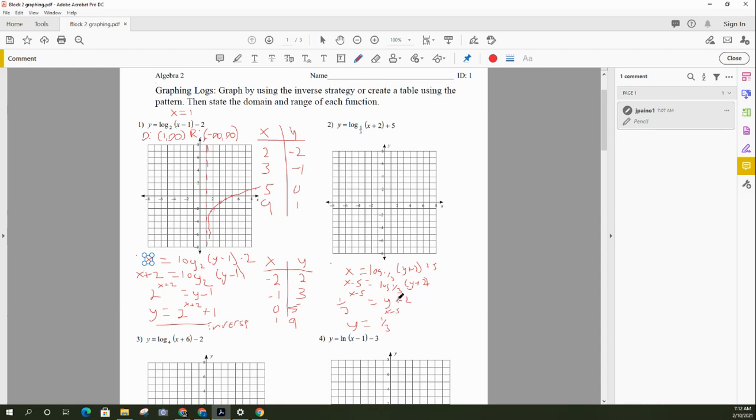Oh, sorry, it's a plus already, so we have to subtract 2, minus 2. Oops, hopefully you can read the handwriting. So this is my inverse function right here. Sorry for the sloppy handwriting. Then we're going to make our table of values. This is a decay function. So now when I put in h, h is 5.